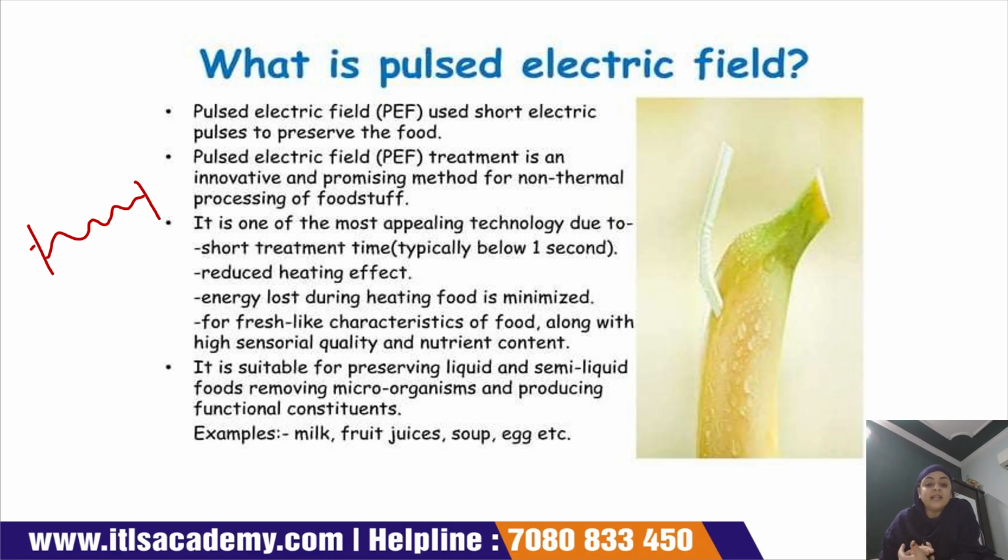Pulse electric field is used as an innovative technique and it gives a promising method for non-thermal processing. It is one of the most appealing technologies and it uses a short treatment time, typically below 1 second. Within 1 second we apply these pulses and it preserves our food product.